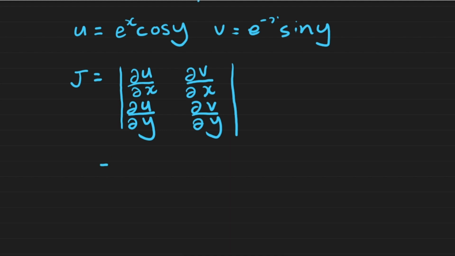So substituting all of these things in, ∂u/∂x, so u with respect to x, that's just going to be e to the power x cos y, because cos of y would just be a constant. So this is going to be e to the power x cos y.